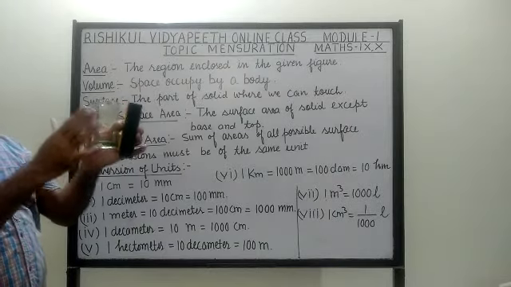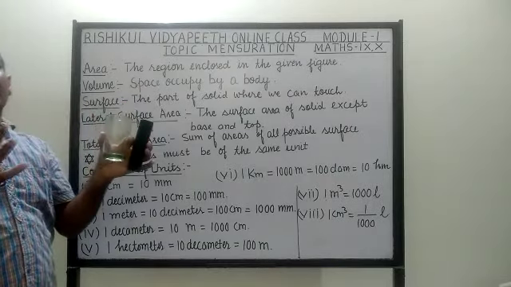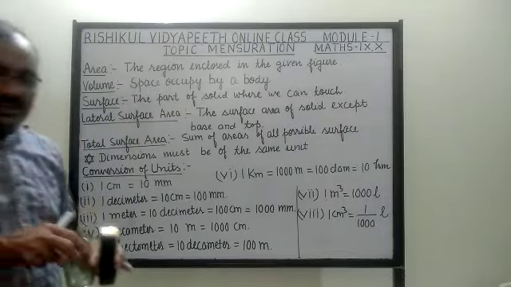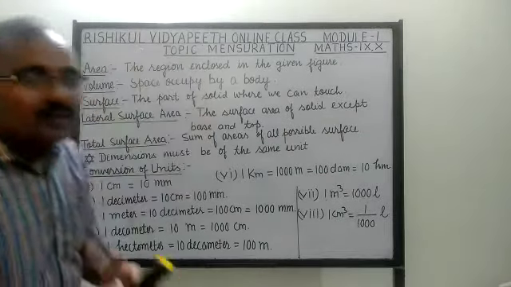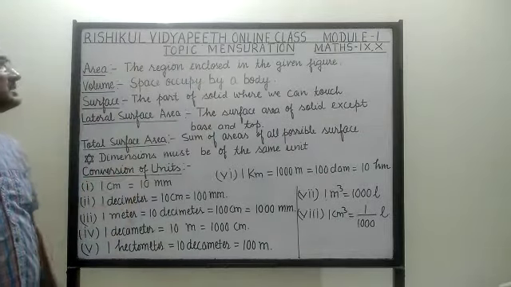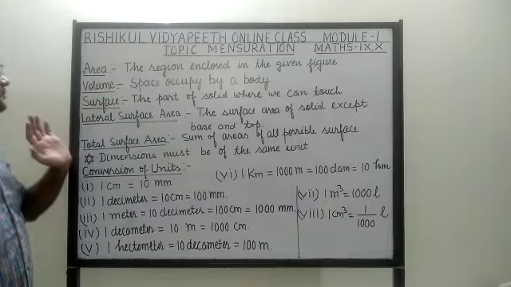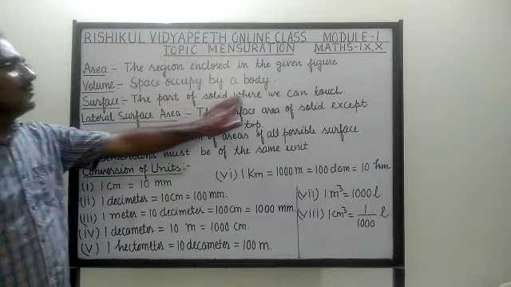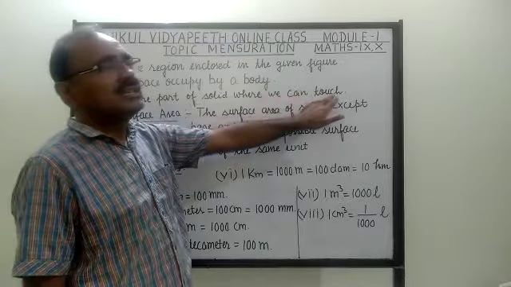Clear? How much amount of air this room has, that is called capacity of this room, or you can say volume of this room.